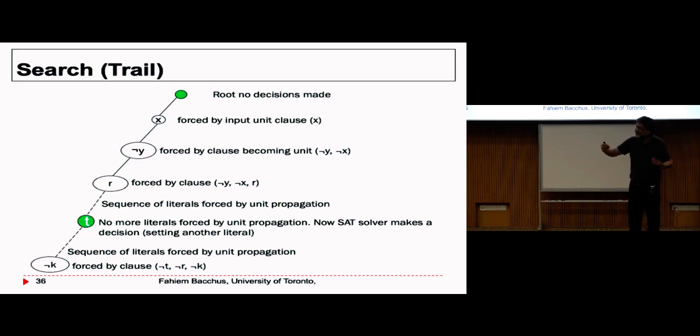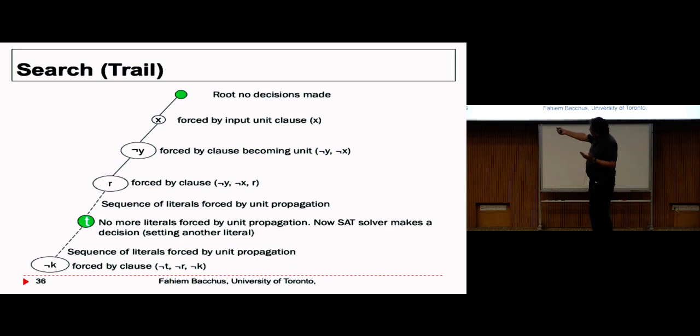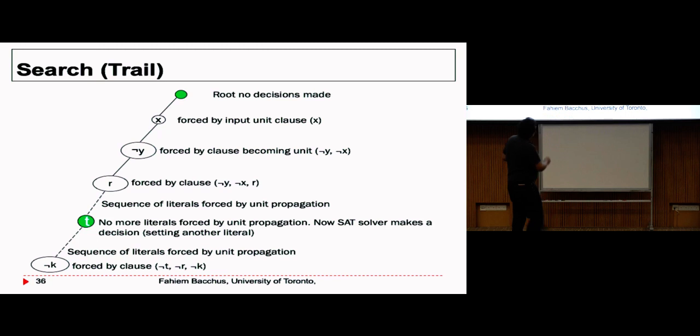Now you have to make a decision. And then after you make that decision, which is a variable that has not yet been set, again, you're going to get unit propagation, and you're going to get a bunch of units. And you're going to keep on doing this. Okay? So basically what we want to do is down this trail, at this point, after we've set t, we want to detect units.